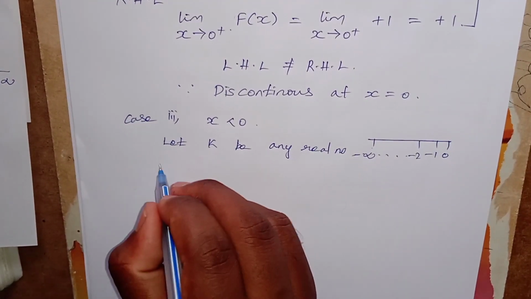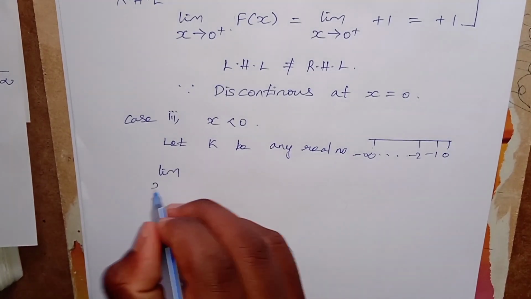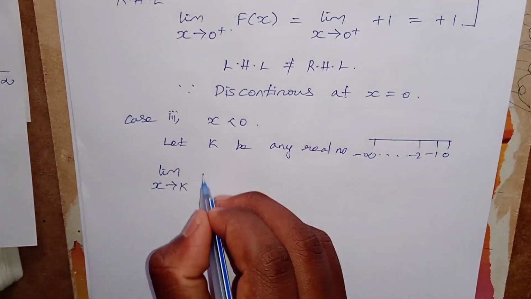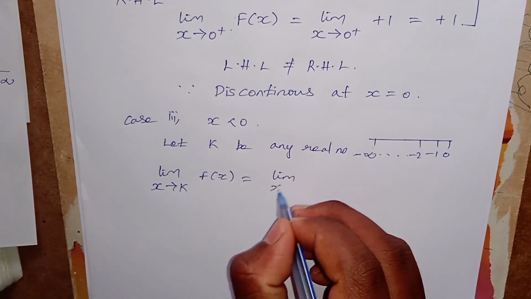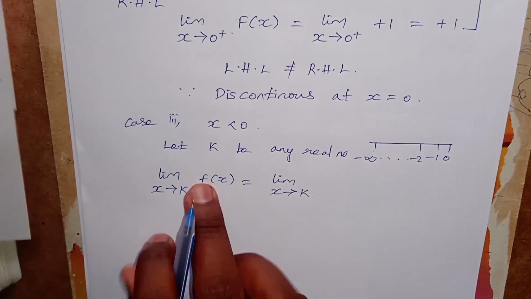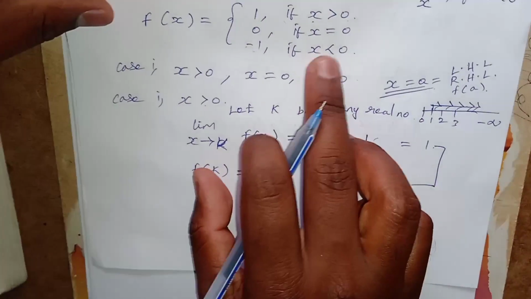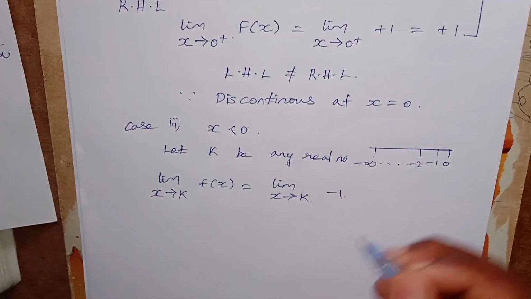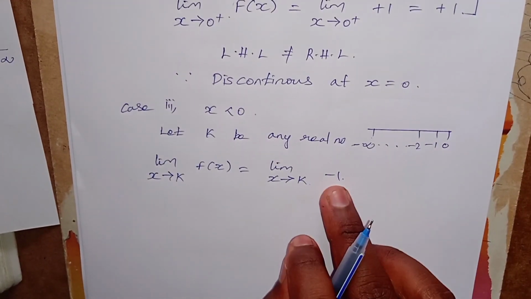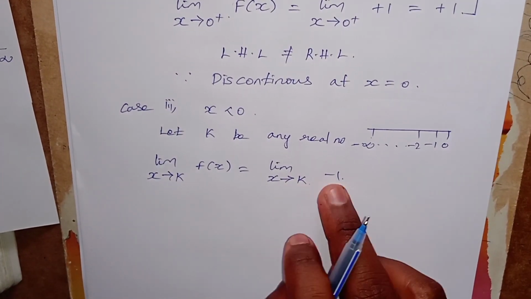Therefore limit x tends to k of f of x is equal to limit x tends to k. Here for less than 0 it is minus 1, therefore minus 1. There is no x to substitute k.